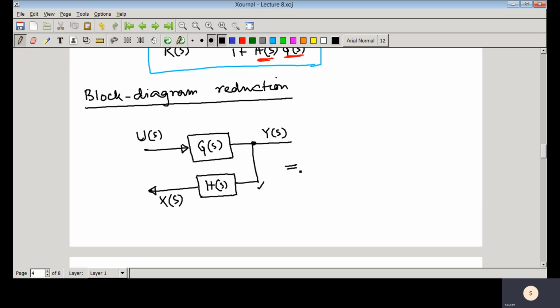So this particular block diagram is equivalent to the following. That means if you take the branching point from this point to that point, then what happens?